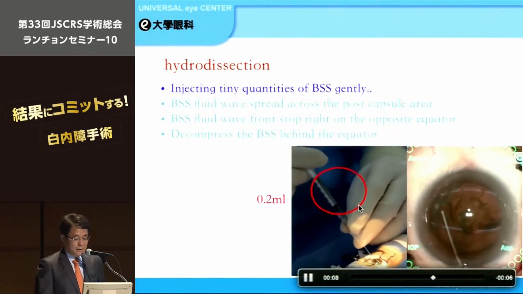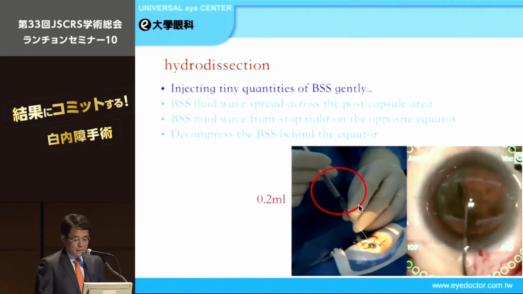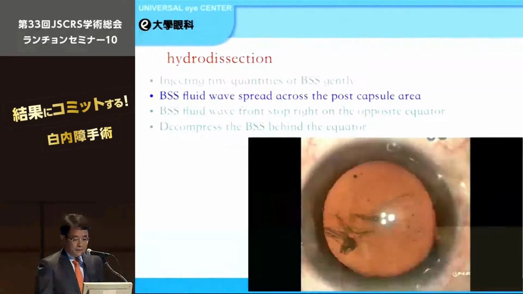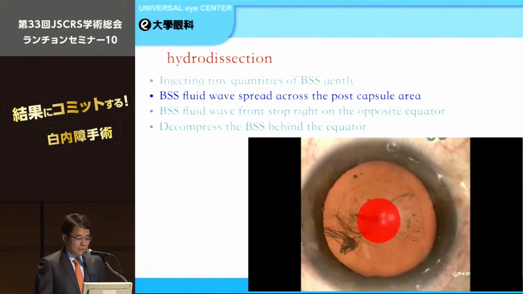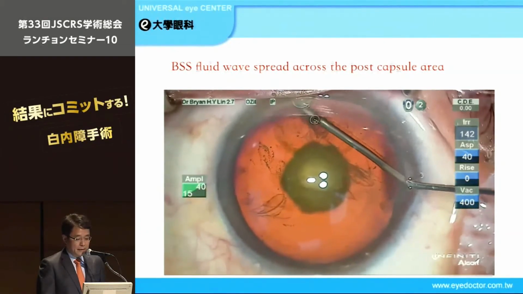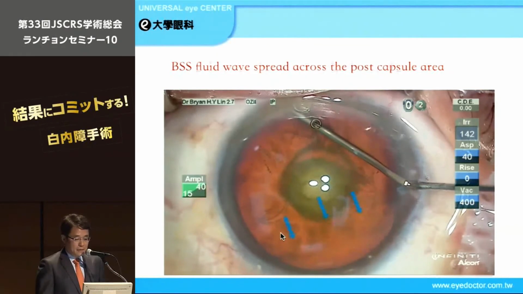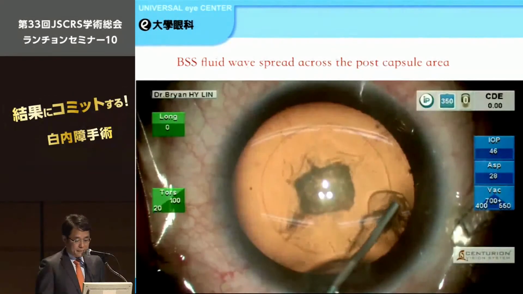In this case, we can see I only use 0.2 milliliter of BSS. The second step, let the BSS fluid wave spread across the posterior capsule area. We can see the BSS fluid wave can spread across the posterior capsule area safely.